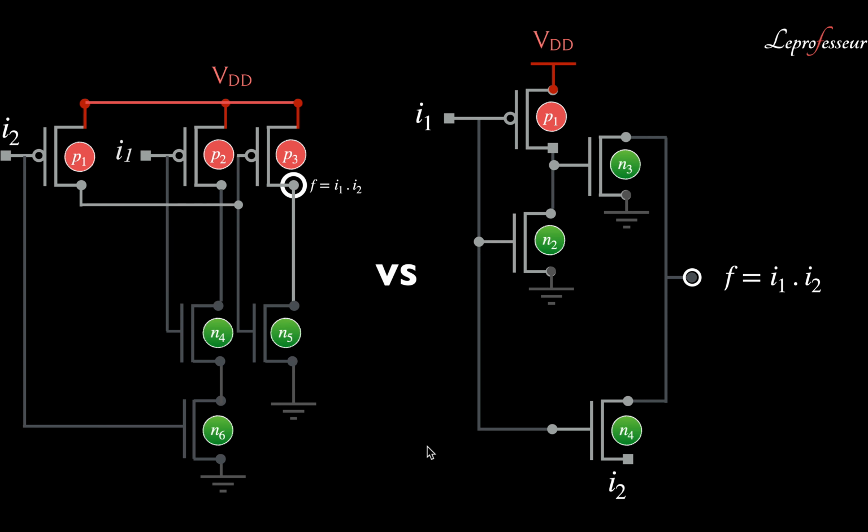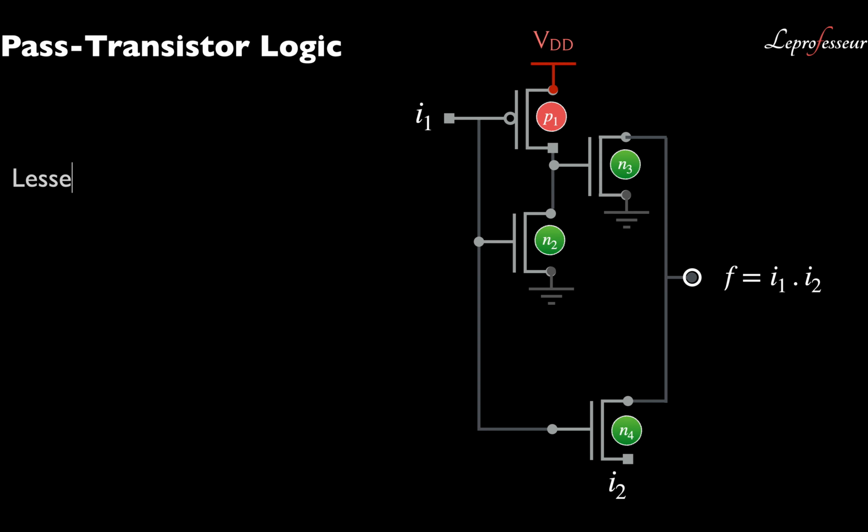we are definitely achieving a smaller circuit if we use the pass transistor concept. So from 6 transistors to 4 transistors using pass transistor logic. So what we can say: fewer transistors, good.